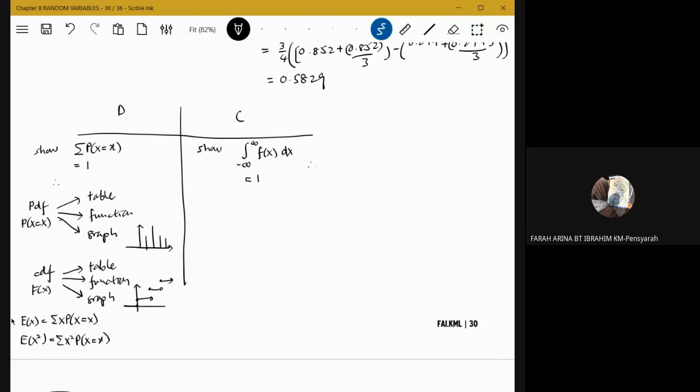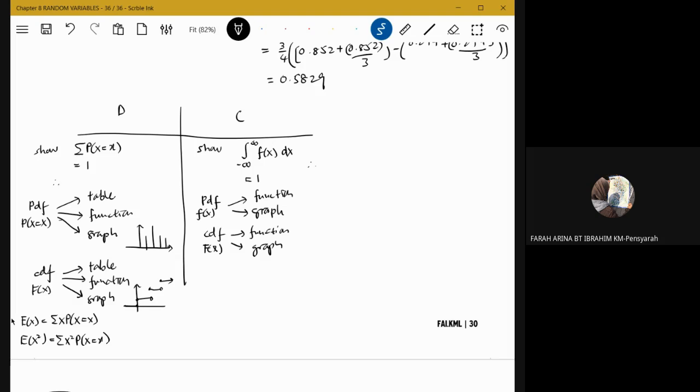Okay, tapi untuk continuous, untuk show dia, kita akan pakai integrate from negative infinity towards positive infinity of small fx dx mesti sampai dapat 1 baru kita bagi conclusion. Okay. Untuk probability density function, kita akan bagi dalam bentuk function saja. Dia tak boleh bagi dalam bentuk table sebab dia ada range. So graph dia depends pada function PDF tu itself. So CDF pun sama, function dan juga graph. So ini adalah small fx, ini adalah capital Fx.